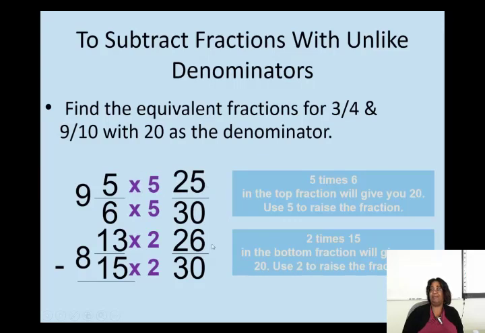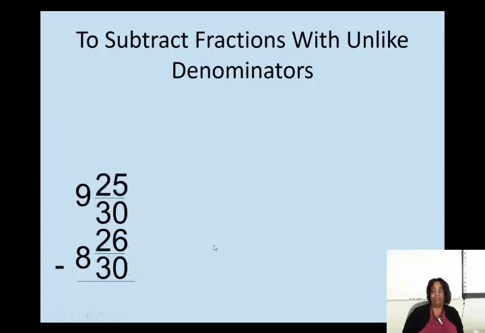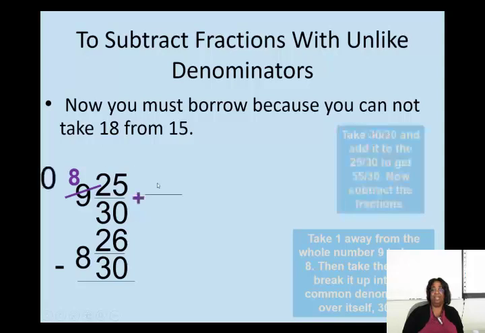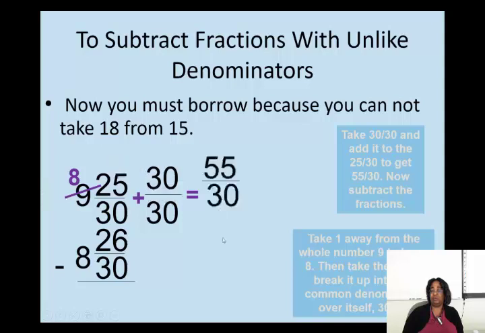Is that going to happen? No, I have to go borrow. So, to borrow, what do I do? Go to the 9. It becomes an 8. Now, the 1 that I'm borrowing is going to be what over what? 30 over 30. It has to be added to that fraction that was too small.